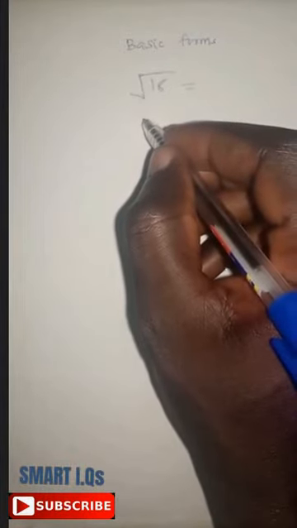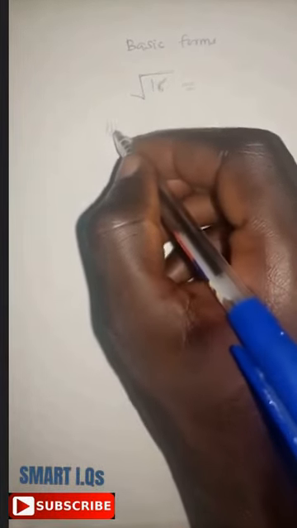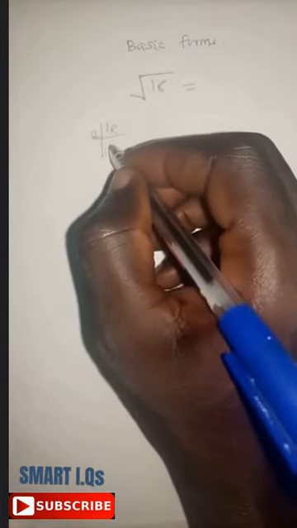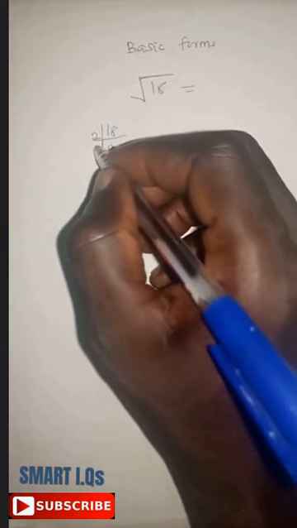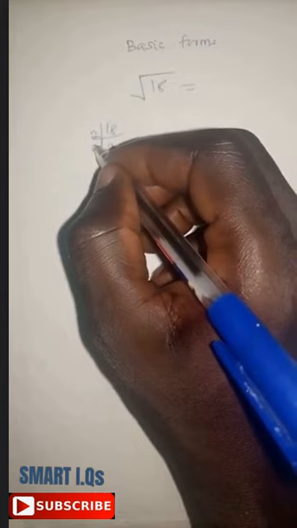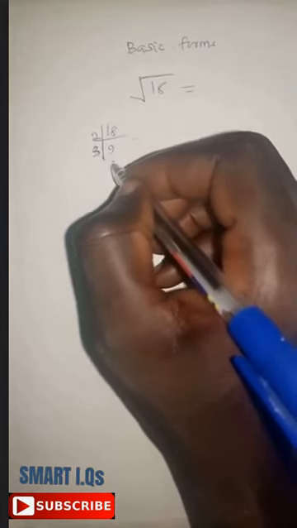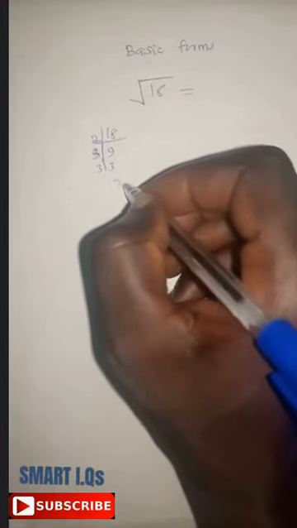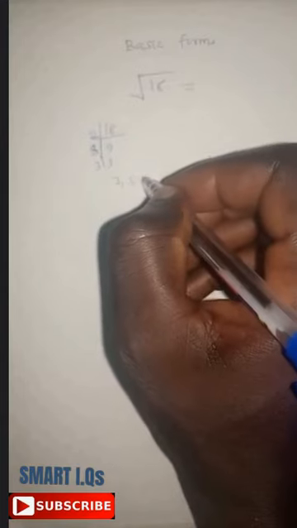For example, let's say I have 18, and I want to take the factor. So let's say I have 2, this is 9, 3. I can as well say 9. Let's say 3, and this is 3, and this is 3. Are we together? So now that means 2, 3, 3, or 2, 3, 9.